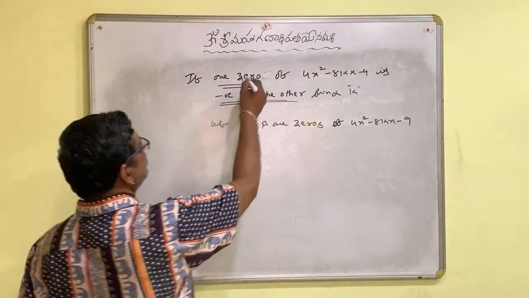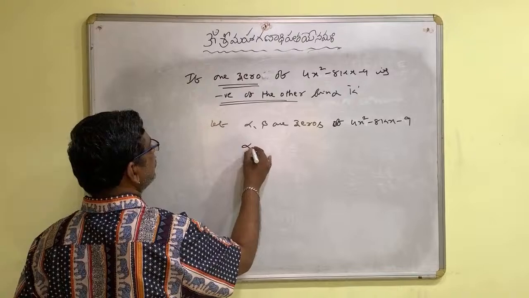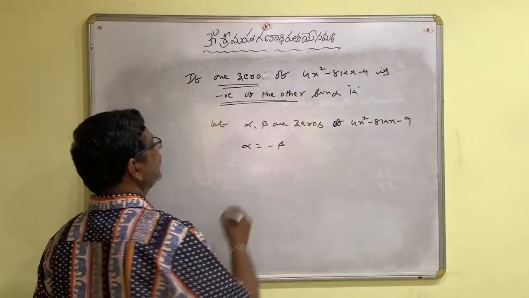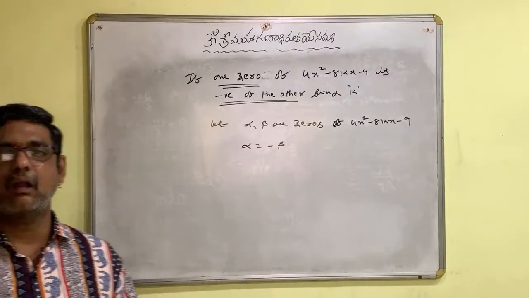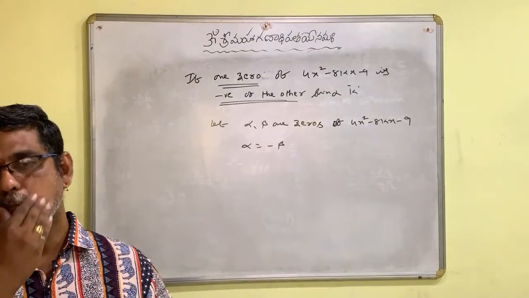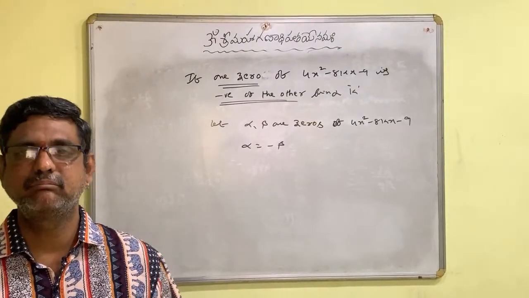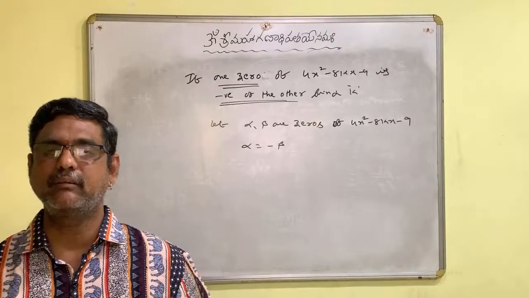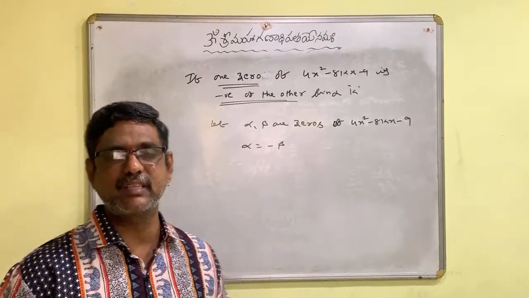And it is given that one zero is negative of the other. That means alpha is equal to negative beta, according to the given statement.